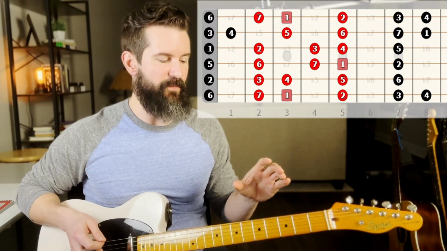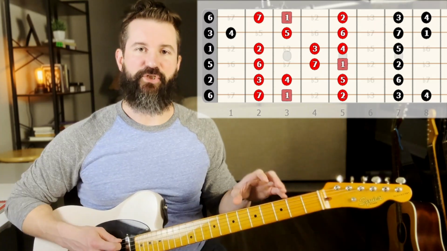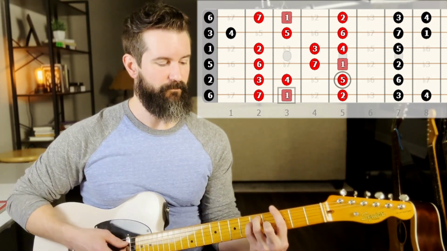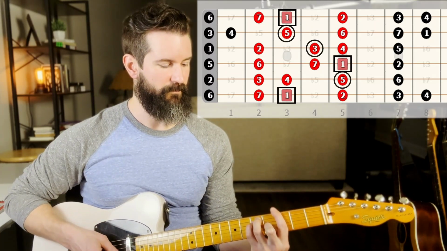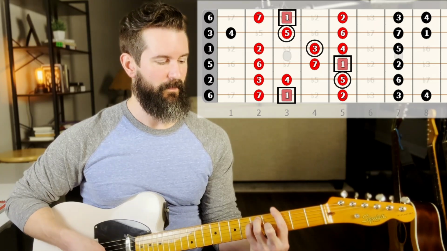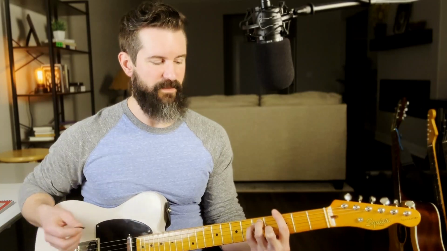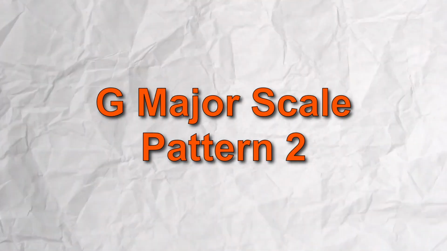And then inside this shape, we also have the E-shaped G chord. And that's part of your CAGED system. All right, so we're going to go over to pattern 2 now.